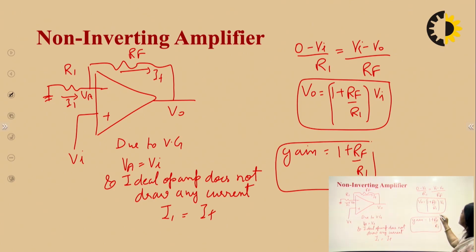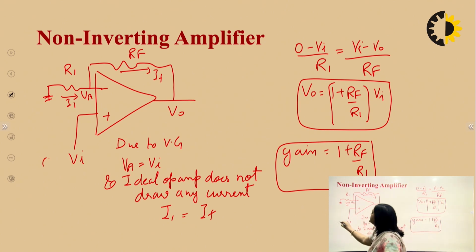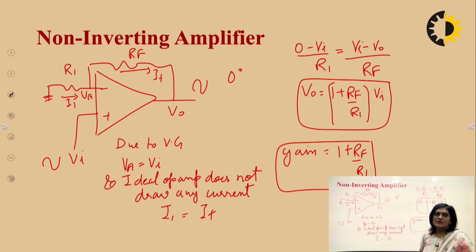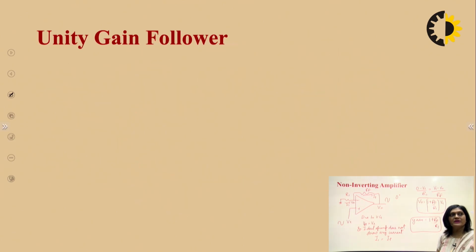We can see the gain is coming out positive. So if this is the input signal, the output signal will be in this way. There will be a phase shift of 0 degrees here. We can change the values of Rf and R1 and have different values of gain. So this is the non-inverting amplifier in closed loop configuration.